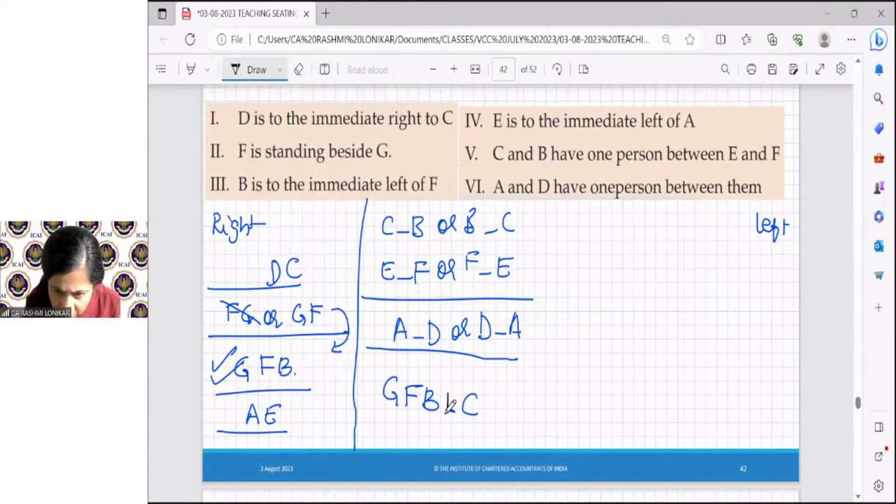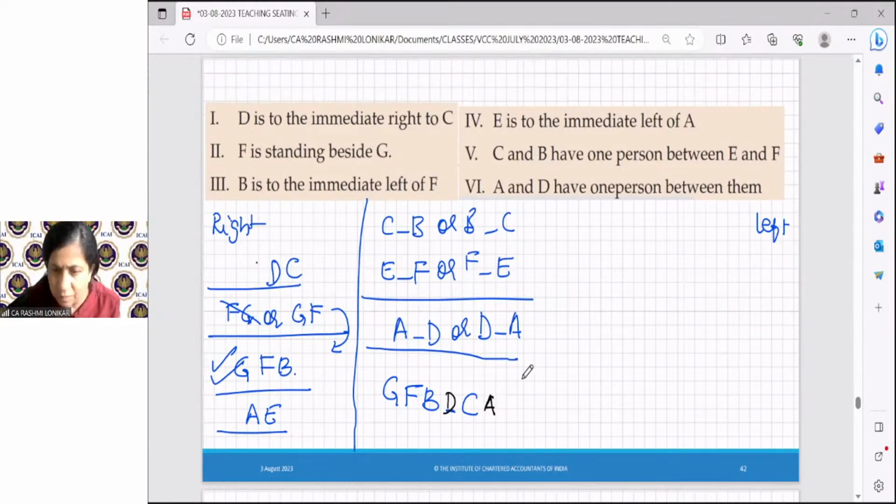I will put it here, because I already know this from point 1. So G, F, B, D, C. What is now remaining? A and E. So I will have A here. A dash D or D dash A, so here D dash A. This is incorporated. Now what is remaining? E. E dash F.